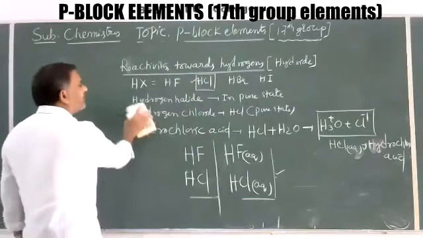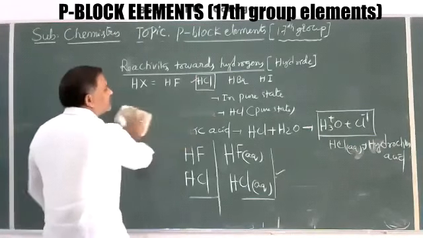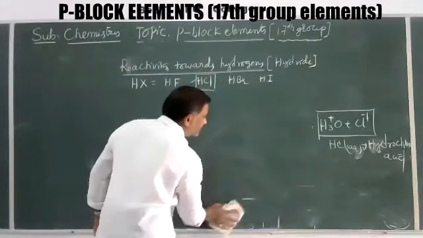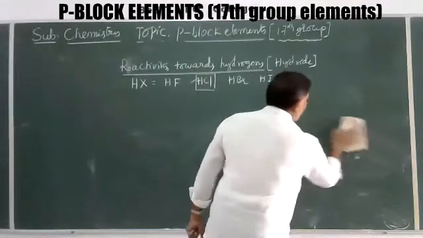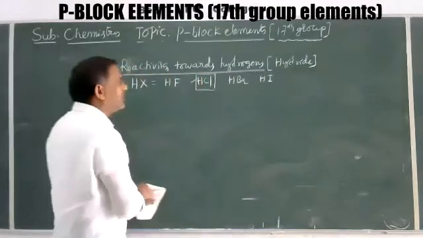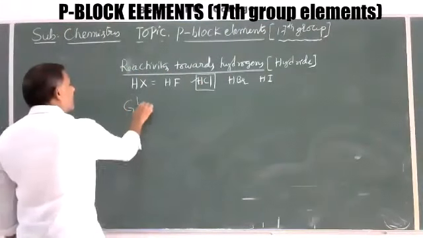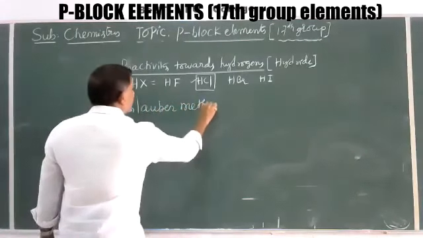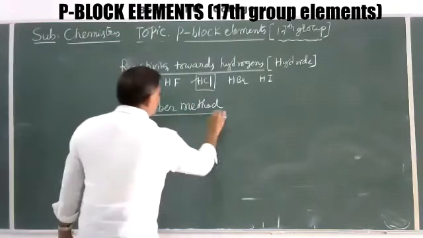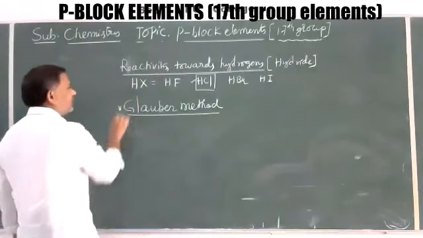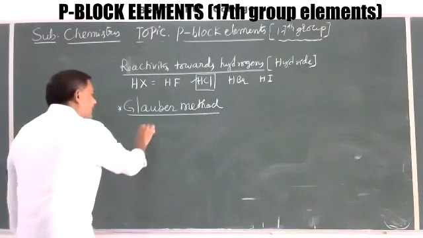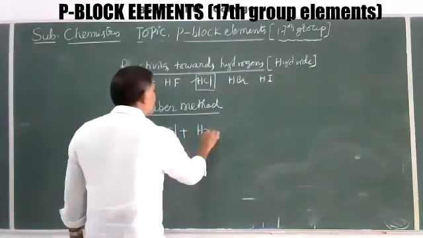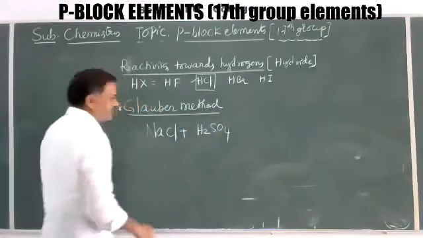Hydrogen chloride was first prepared in the laboratory by Glauber, using the Glauber method. This is the first method in the textbook for preparation of hydrochloric acid. Sodium salt, NaCl, is reacted with sulfuric acid.